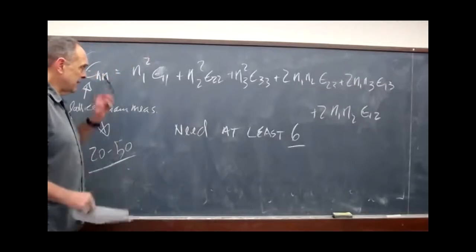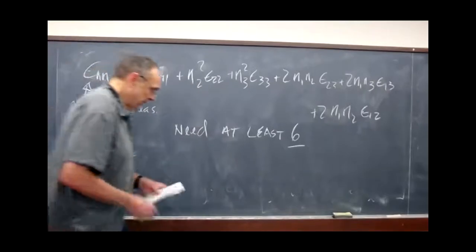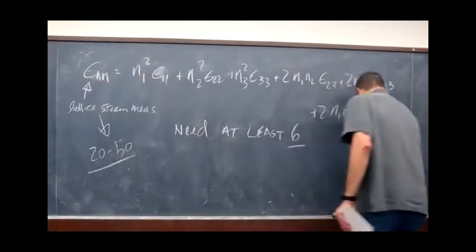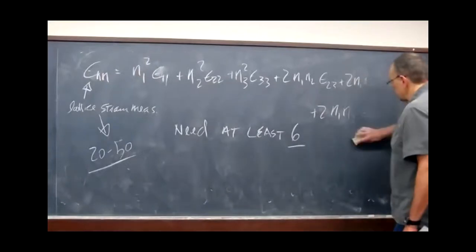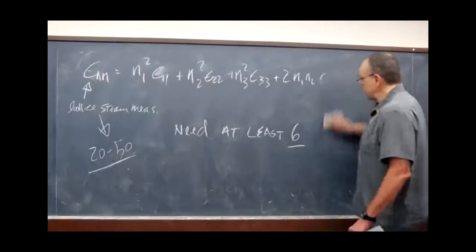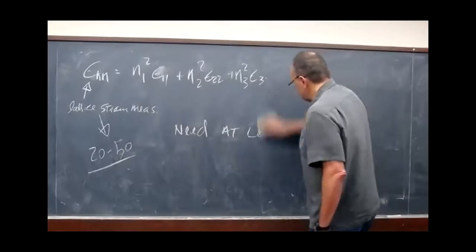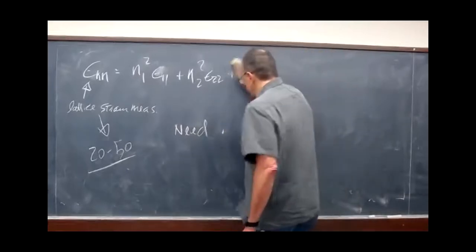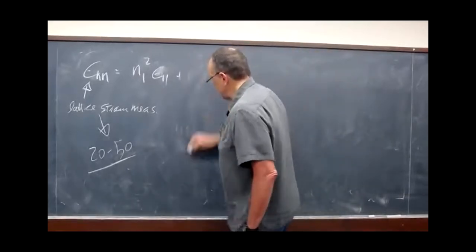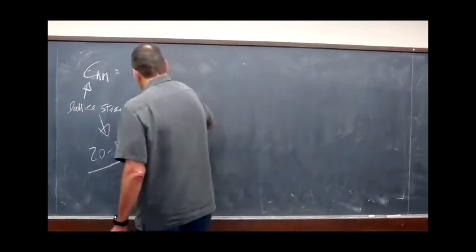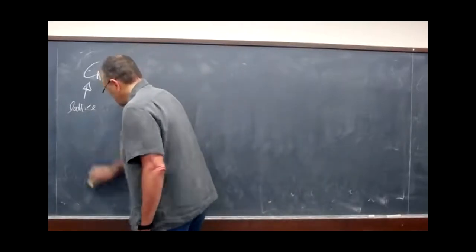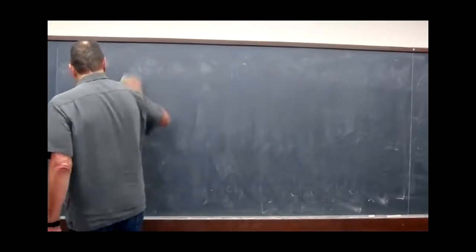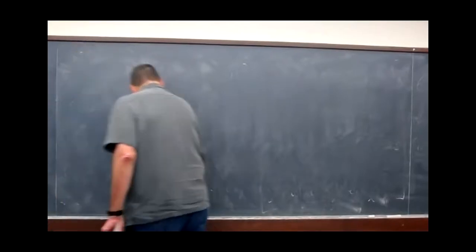So let's write this in matrix form. Sometimes you can get away with fewer than 6. If you know something about the way the material was processed, or if you modeled a process, or you've got some sort of knowledge beforehand, maybe you can make an assumption that will reduce that.